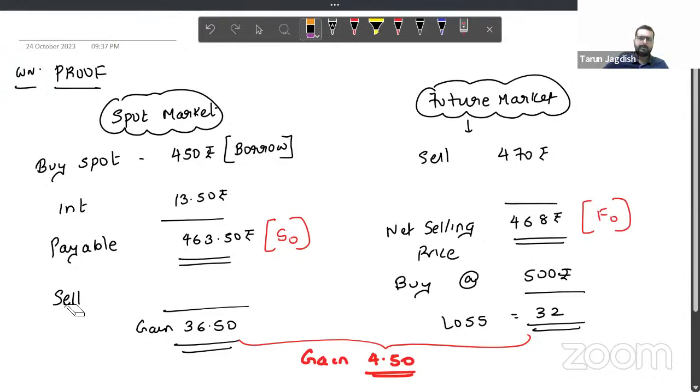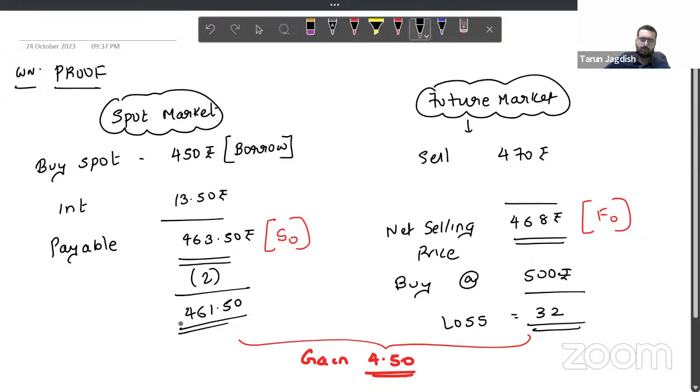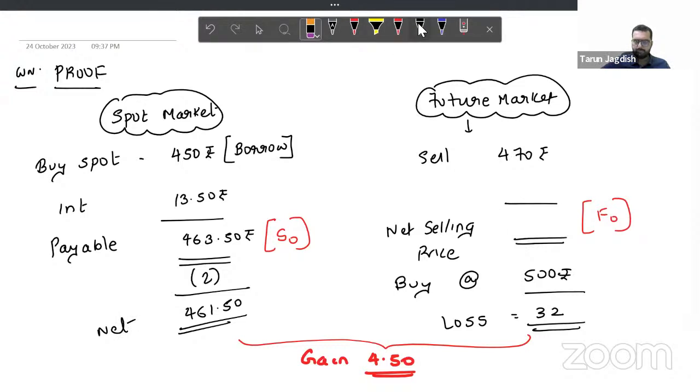1 moment. So here it will be less dividend because I'll receive that money, right? So I'll pay it from there. Net will become 461.5. And here I believe it will remain at 470. Okay, so now what happens? You will have 500, so you make a loss of 30.